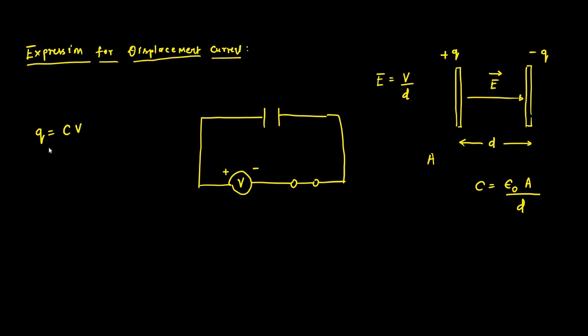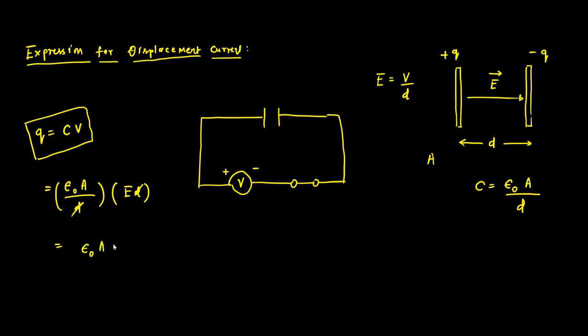So Q equals CV; we can write C as epsilon 0 A by d, and V as E into d, the product of electric field and separation distance. Here d gets cancelled, so this becomes epsilon 0 A E, the value of charge.